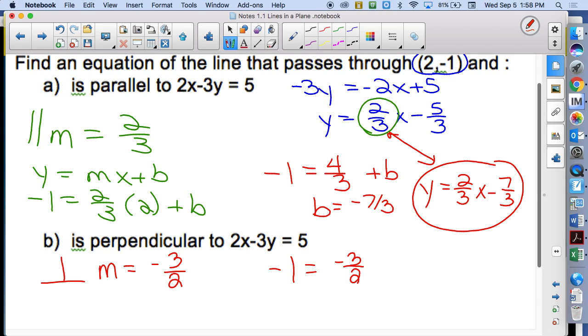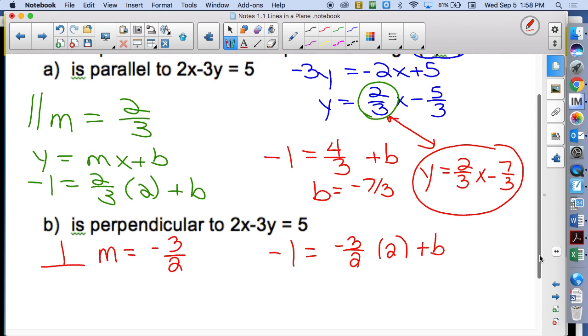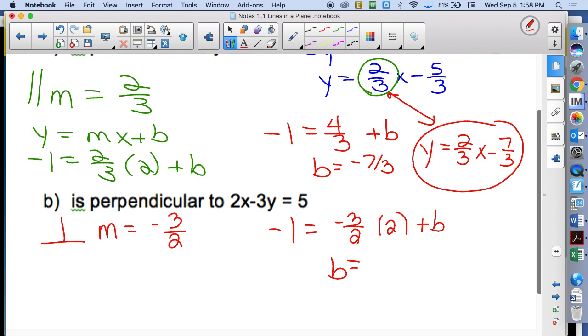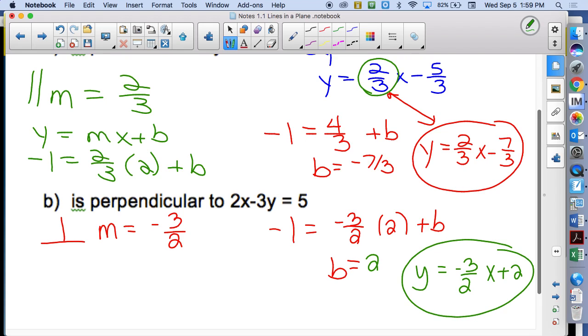I'm still using the point (2, -1). So writing equations of lines using the fact that slope is parallel, the same as the line they give you, or perpendicular, the opposite reciprocal of the line they give you, and then plugging in the ordered pair.